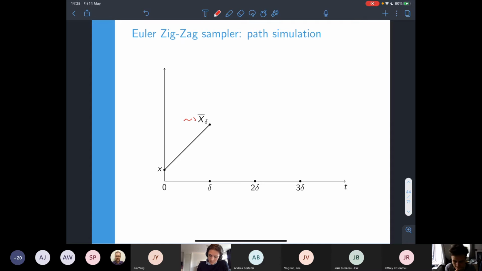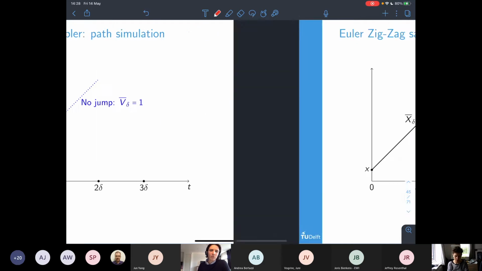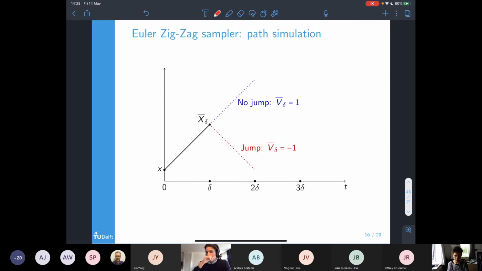Then we have to establish if a jump has happened for the velocity, and then we have two options. Either no jump has happened, in which case we will continue with positive velocity, or a jump happens, in which case we will flip the velocity. Just to mention, no jump has probability 1 minus exponential of minus delta times lambda x v, and the probability of jumping is 1 minus that, so just the exponential.